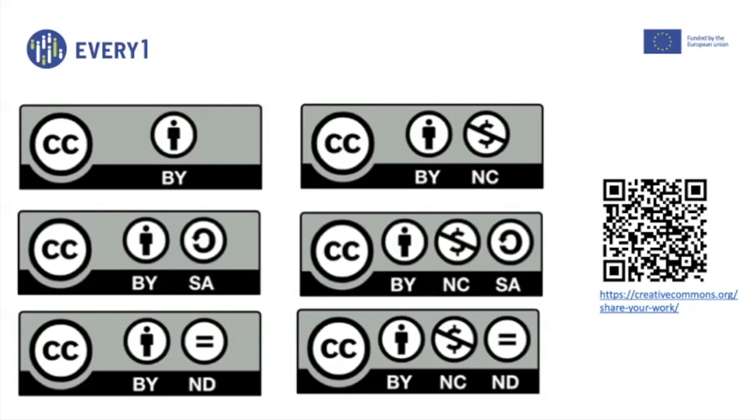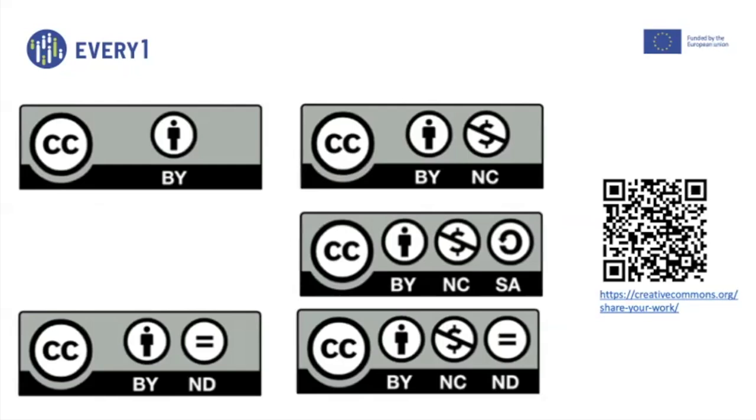And that features on 3 of the Creative Commons licenses. Finally, we also have the no derivatives element, which means that you cannot make changes to the resource and share it. And we'll come on and talk about the 2 licenses that feature that in a moment.